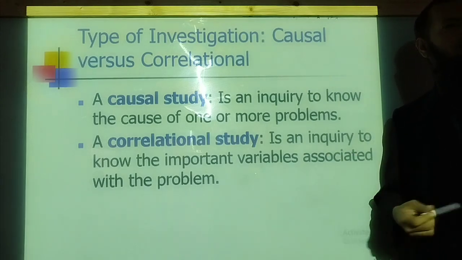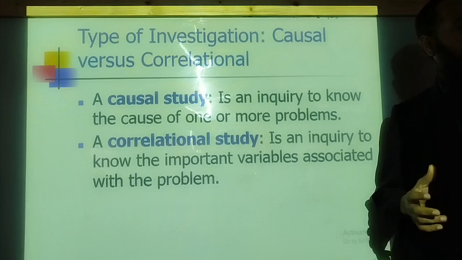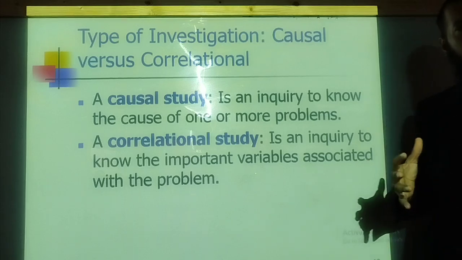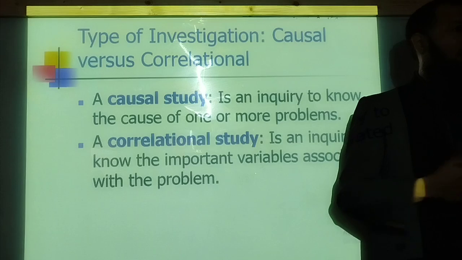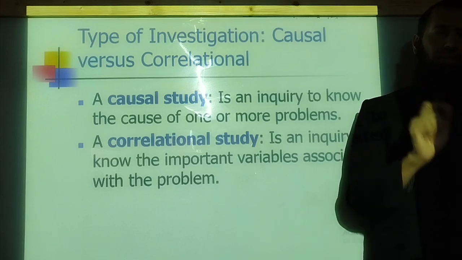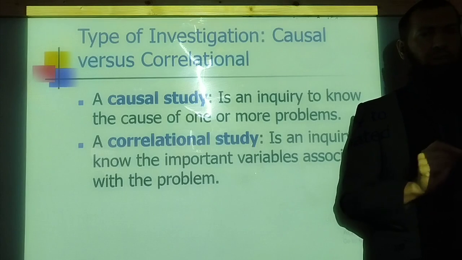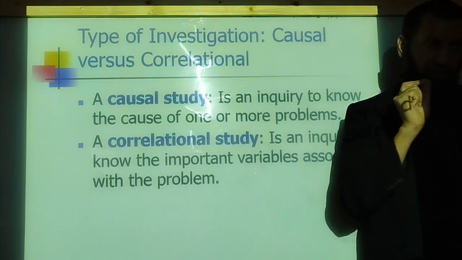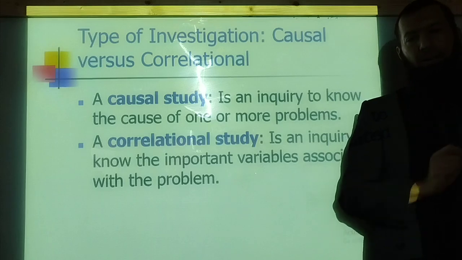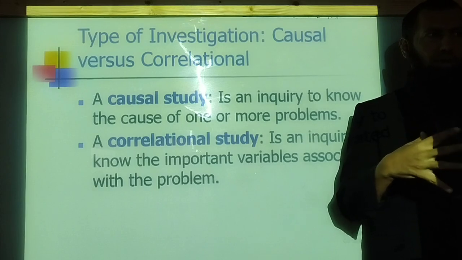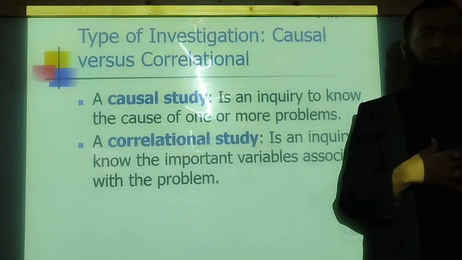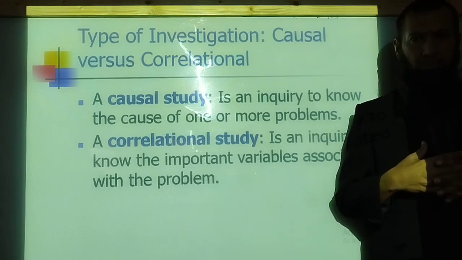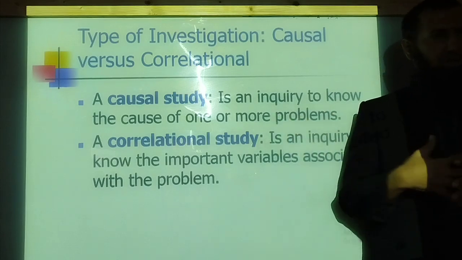When we talk about the causal study, as I already mentioned, the causal study is the one which tells you the independent and dependent variable relationship. This is the sole purpose of the causal study. Correct means when you control the internal validity completely and you are sure that there is no other factor tarnishing the relationship between the variables, then you go for the causal study.